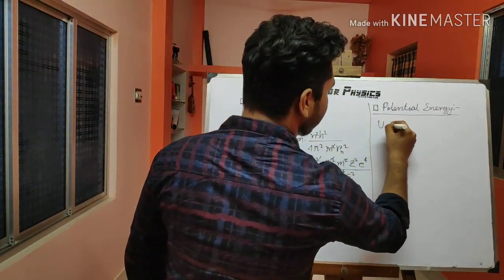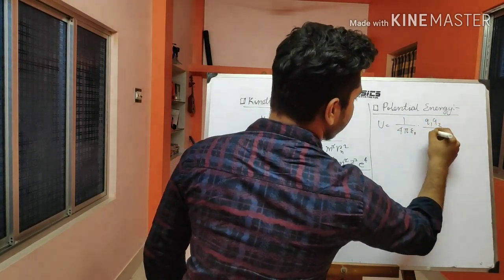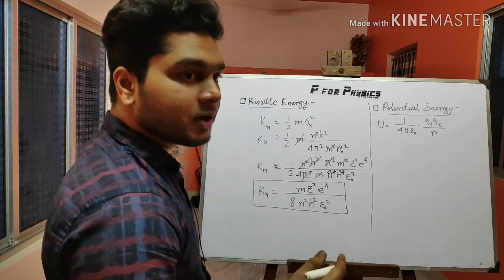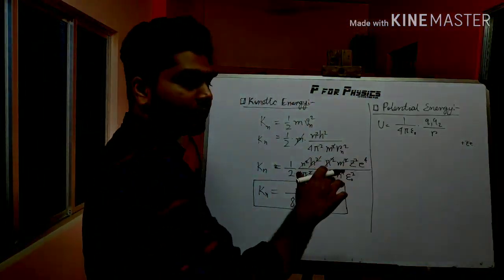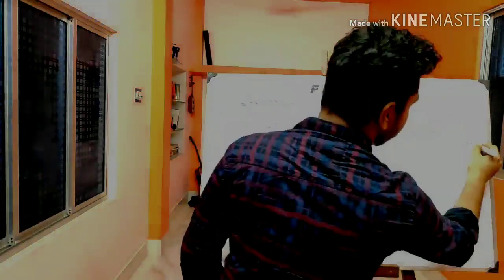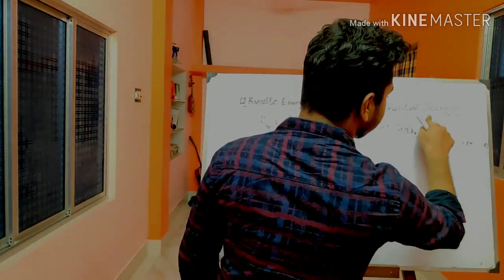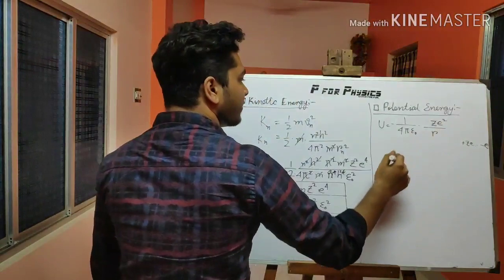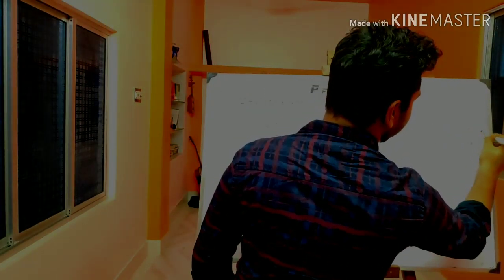The formula was U equals 1 by 4 pi epsilon naught Q1 Q2 by R. Now in this case we have a nucleus which has a charge of positive Ze because it has protons, and we have an electron which has a charge of negative e. So if we put these values here, we'll get negative Z e square, and in place of R we should write Rn. Q1 is this one and Q2 is this one. So it was this easy.